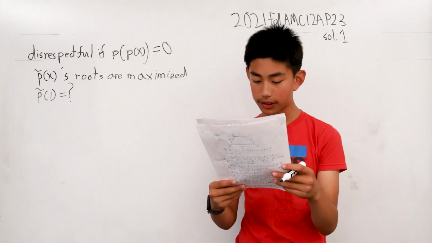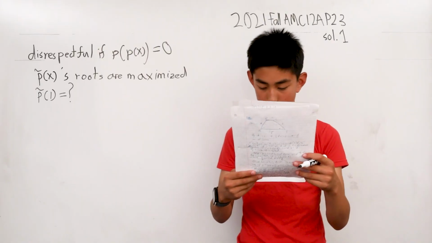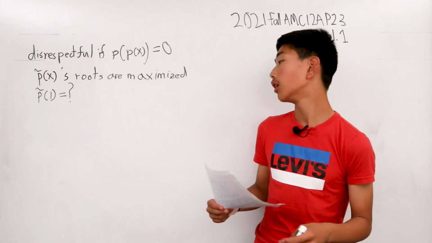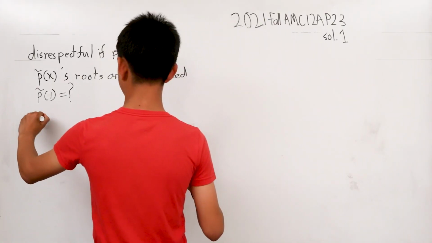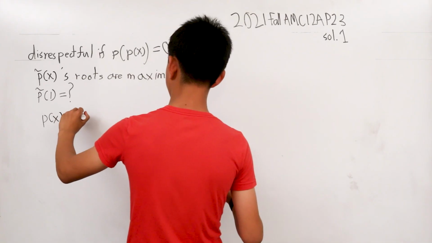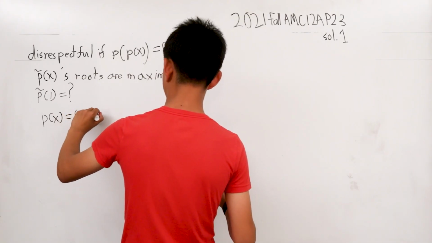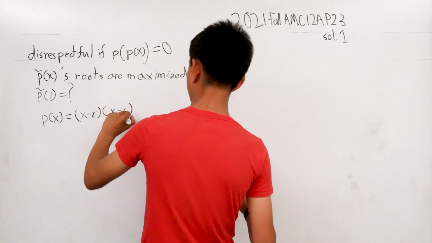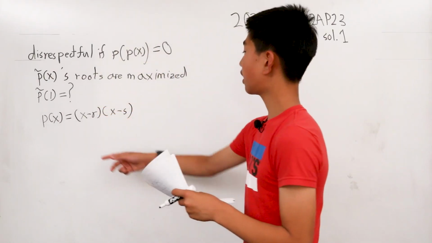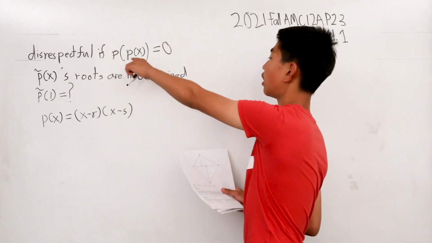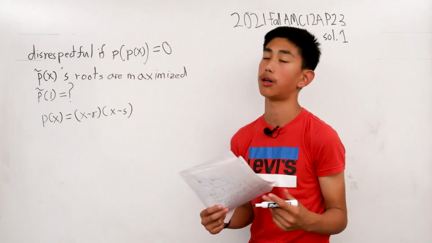Now the problem gives us that P of x is a quadratic polynomial. Therefore, we can write it as such. Since we know it's quadratic, it has two roots. Call them r and s. So if we have this P of x, we know that this has to satisfy P of x equals 0.